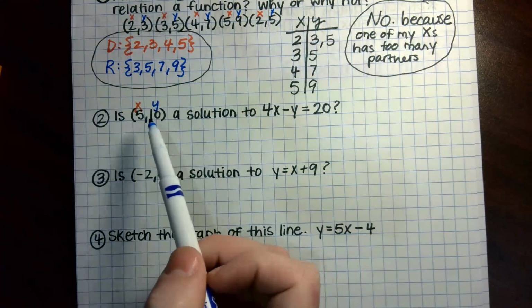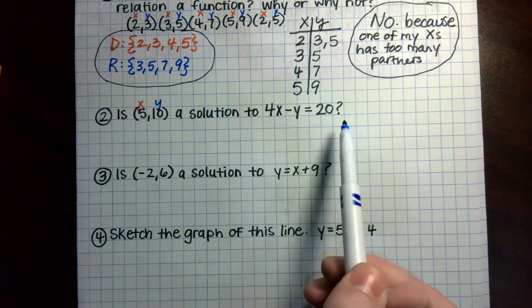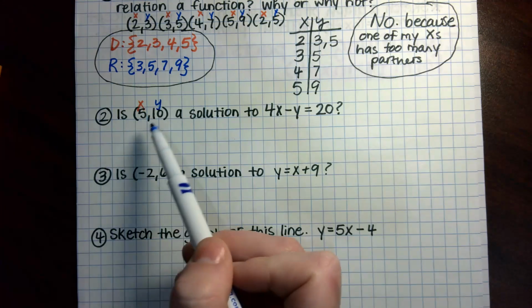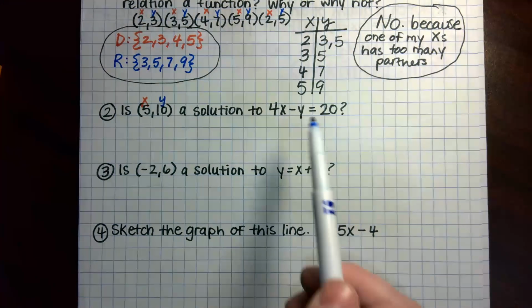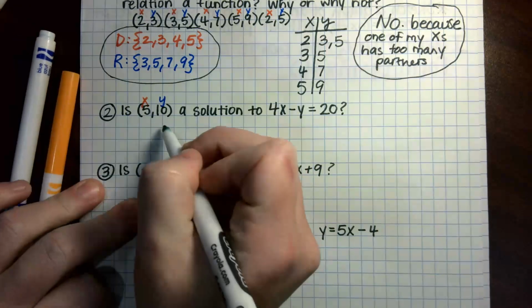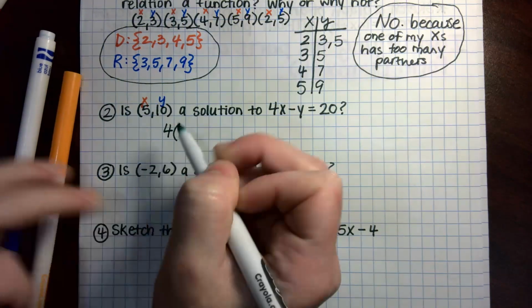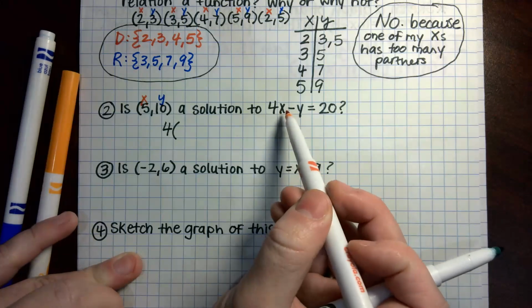Yes, all we do to see if a coordinate is a solution of an equation to a line is we take that x value, the y value, and we plug it into the equation to see if it creates a true statement. So we're going to do exactly that. Like what Michael said, we did 4 times 5, because 4x means 4 times x.